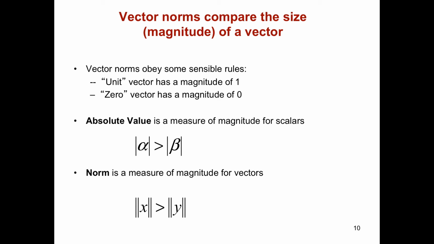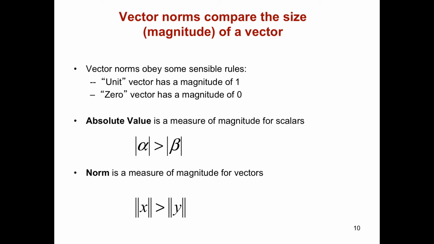So essentially, in scalars, I could just go with absolute values, and the equivalent of the absolute value will be the vector norm, and I'm going to define it in a moment. I will define a number of norms. There is no one clear norm that I could use, and again, it will depend on my application which one I will like.